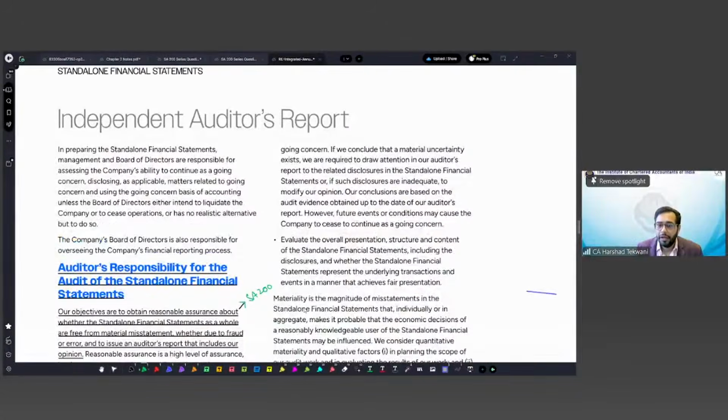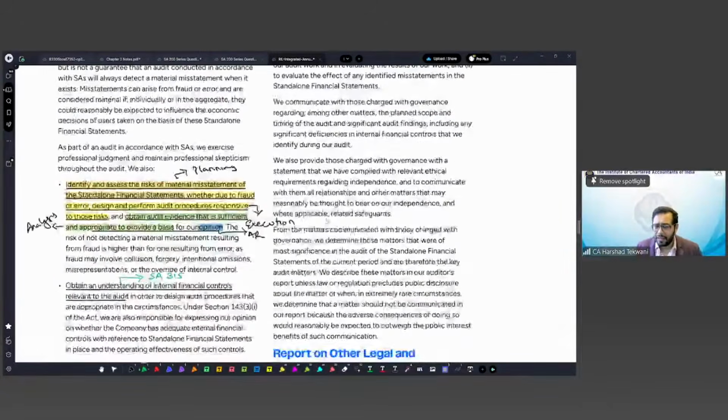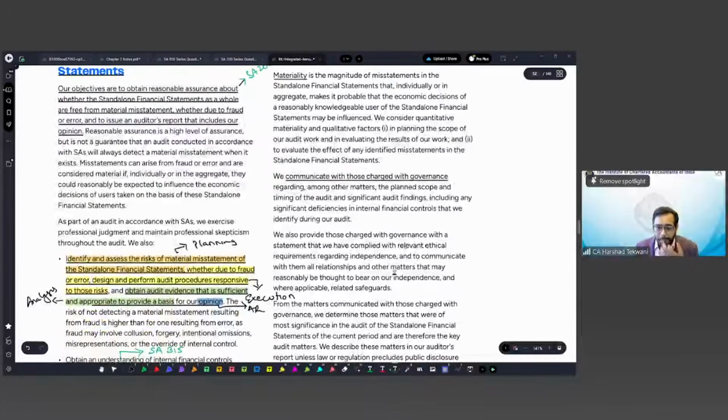Similarly, after going concern, we have to evaluate overall presentation, structure, materiality, all these things are there. Here we are talking about materiality. Here we are talking about communicating with those charged with governance. Here we are talking about relevant ethical requirements and independence, again, that we need to communicate to those charged with governance.